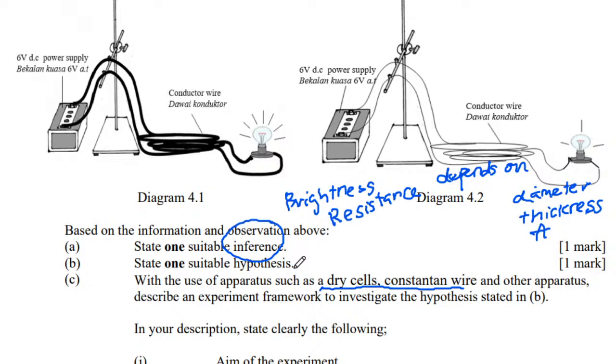Okay, Chloe: so when diameter increases, resistance decreases. Thicker wire, lower resistance. Yes, correct. Jasmine: greater diameter wire, greater resistance.